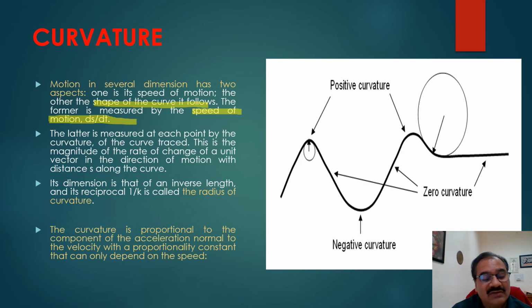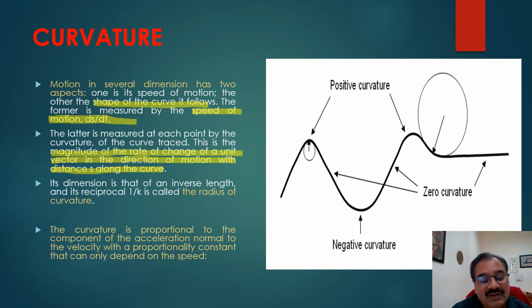The latter is measured at each point by the curvature of the curve. This is the magnitude of the rate of change of a unit vector in the direction of motion with distance along the curve.